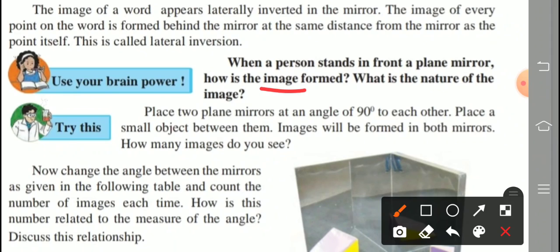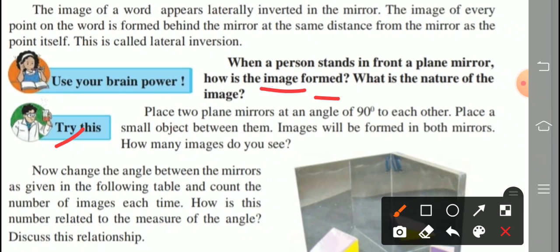And what is the nature of the image? That image of any person in a mirror is not real. So what is the nature? That is a virtual image. Getting all of you? On the previous page some examples are given with the help of a figure. So you find out the answer.